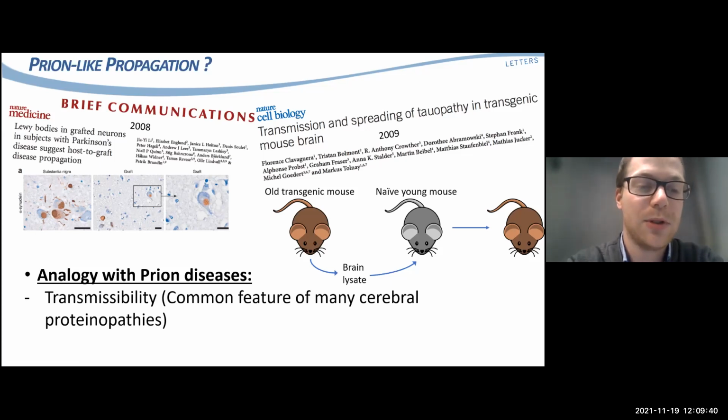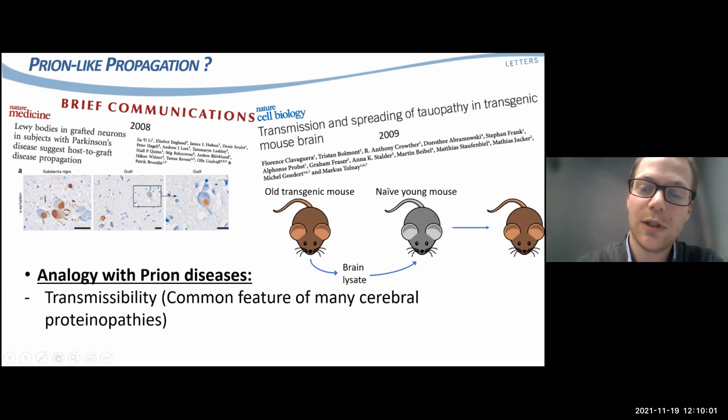But after a couple of years, they could see Lewy bodies coming inside these neurons, showing that transmission had happened from the diseased tissue to the graft, which was the first experiment showing that, oh wow, that might happen.